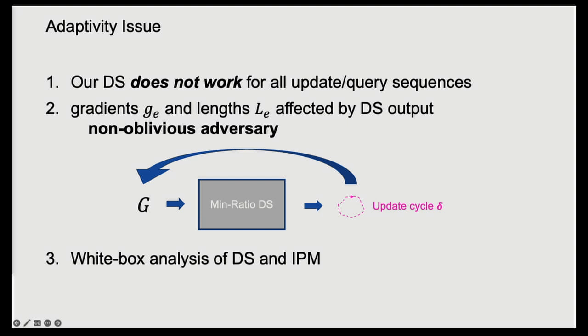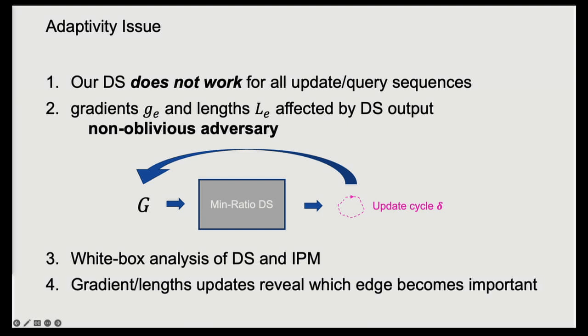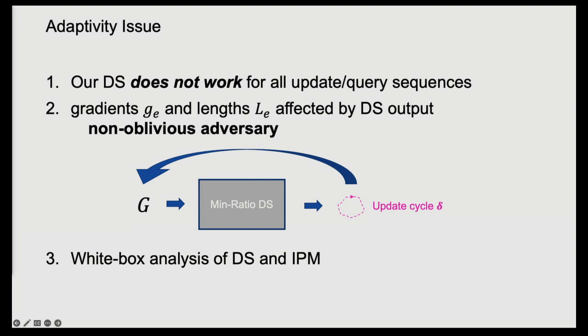To deal with it, we used a white box analysis based on this f star minus f, this hidden good solution that we knew a lot about how it was changing.